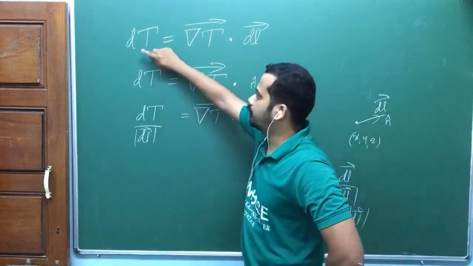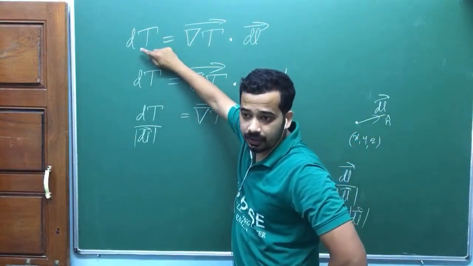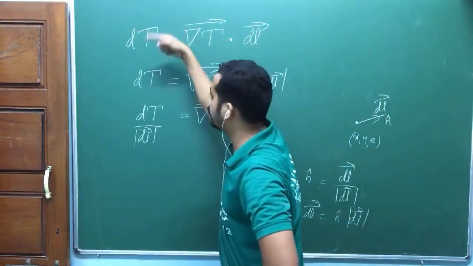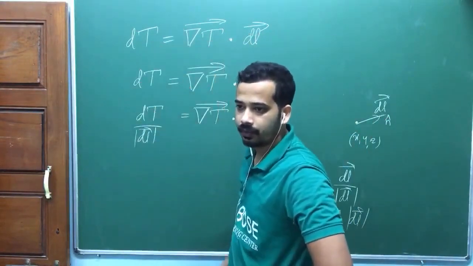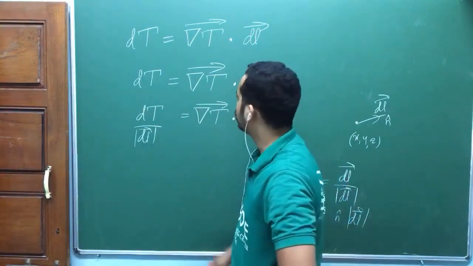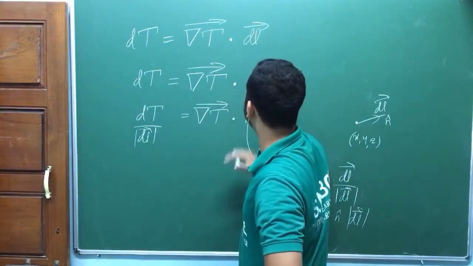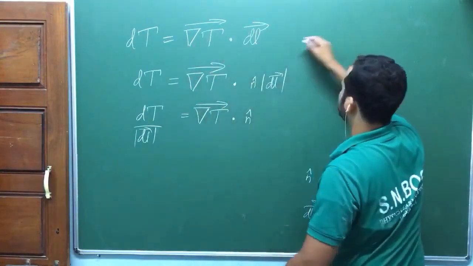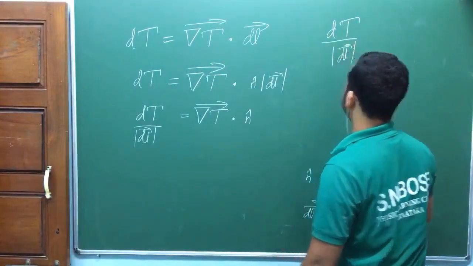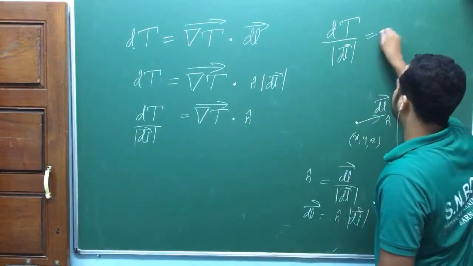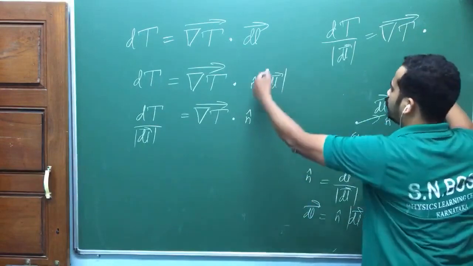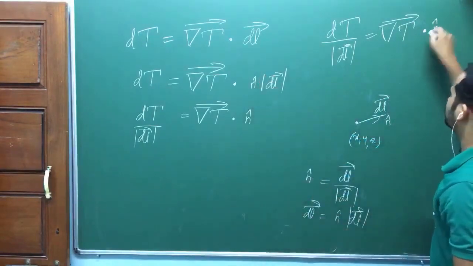This dot product gives the change in T if you move in a different direction. I need the rate of change of T when I move in an arbitrary direction, so I replaced it like this. In this whole expression, divide by mod dl: dT divided by mod dl equals del T dot dl divided by mod dl, which is n cap, a unit vector along dl.